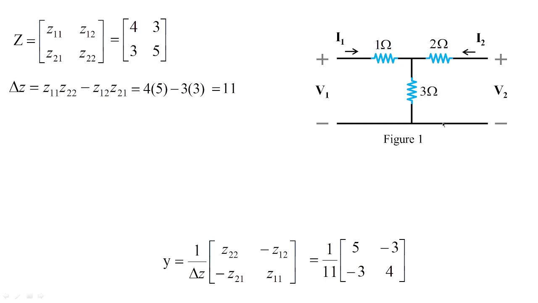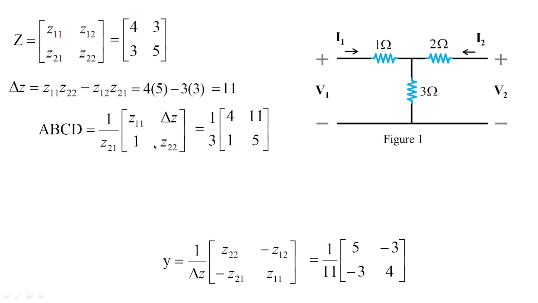That is, I am trying to obtain the Z parameters, and after obtaining the Z parameters, I am determining the Y parameters. Similarly, I can obtain ABCD parameters as 1 by Z21 with the matrix Z11, delta Z, 1, Z22. So simply I am applying these values, that is 4, 3, 3, 5, and the delta Z value.